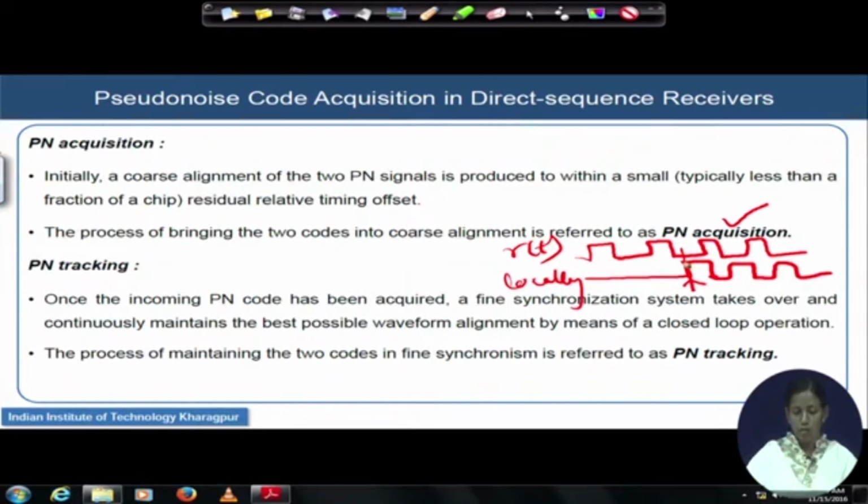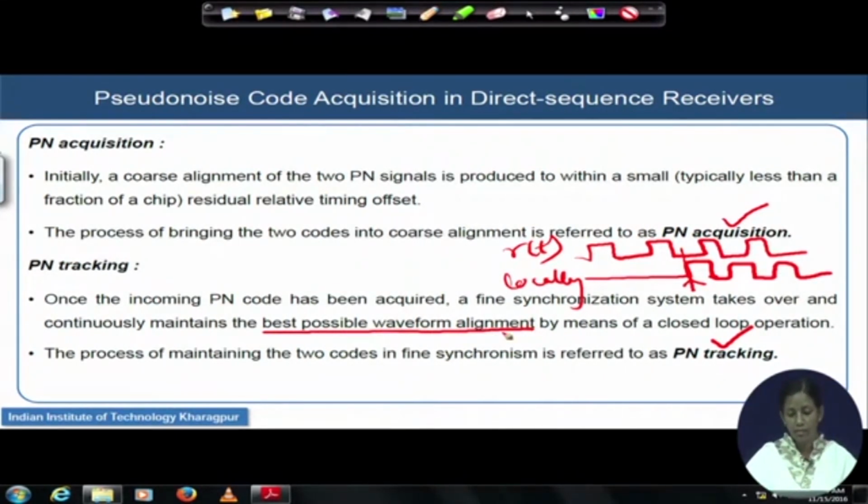We call it PN tracking. Remember, PN tracking always has a closed loop operation which tries to keep the locally generated waveform best possibly aligned with the received signal.